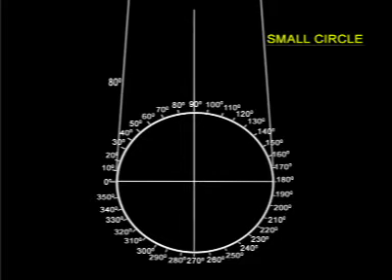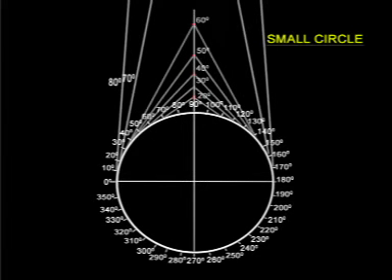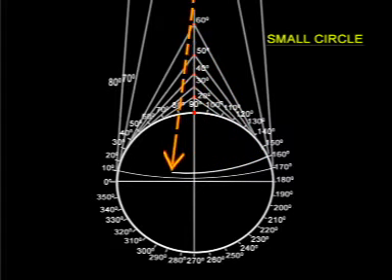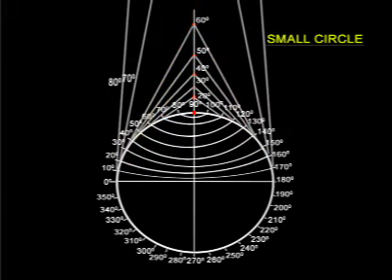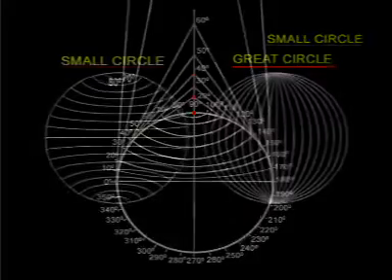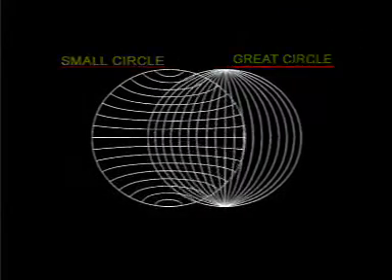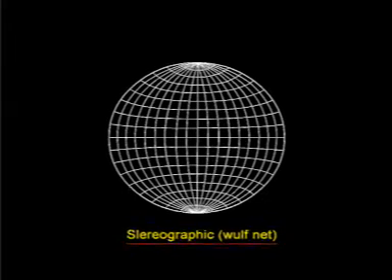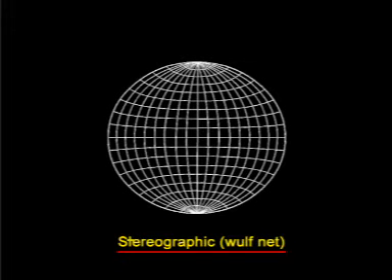If we make the tangents from 10 degrees and join it at the center line, then that line becomes the radius of the 10 degree small circle. Similarly, we can make the small circles for all the angles. If we join both of them, then we get the stereographic net ready for use for the fault plane solutions.